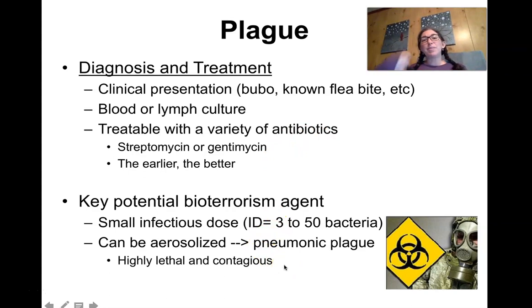So it can be potentially very contagious, and it can be aerosolized, which would just increase its transmission. So there is fear for a lot of these pathogens that they could be used in bioterrorism events, and plague is one of them. So even though there's not a lot of incidence of plague locally or globally, there's a fair amount of people who are doing research on it because there's funding for it because it's a potential bioterrorism agent.